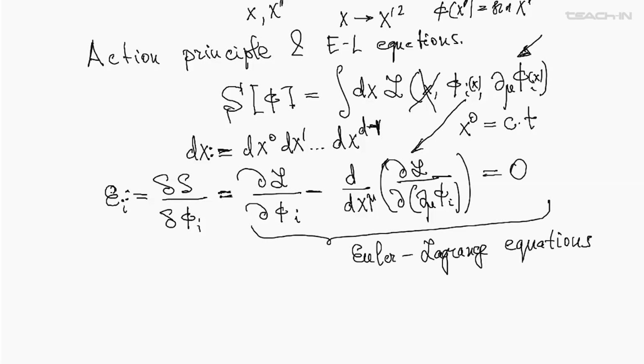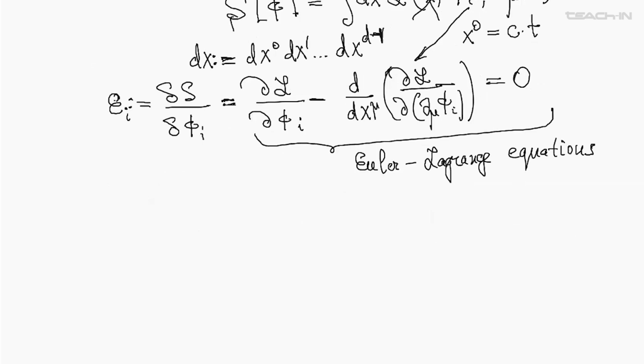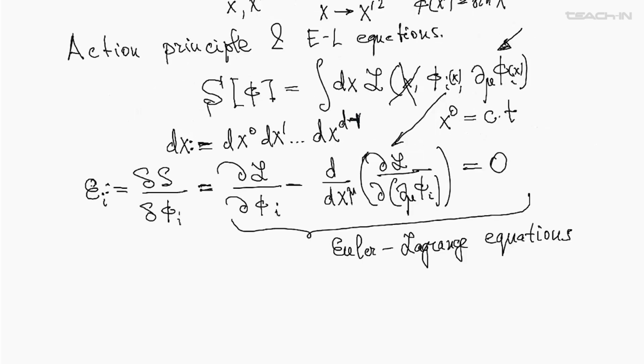Now, what you can also do is differentiate this Lagrangian derivative with respect to x mu in an explicit way, by taking into account that the Lagrangian density is a function of phi and its derivative.